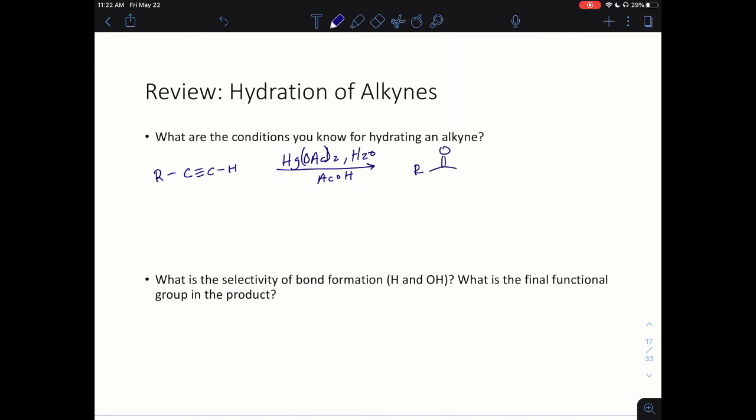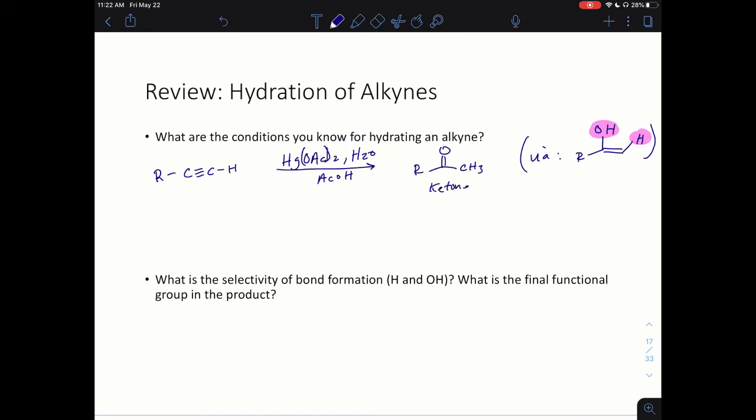Oxymercuration will generate the ketone, and this happens via the enol. There's some carbocation-ish stuff involved, and so we have this Markovnikov selectivity. The enol then tautomerizes under the acidic aqueous conditions to form the ketone.